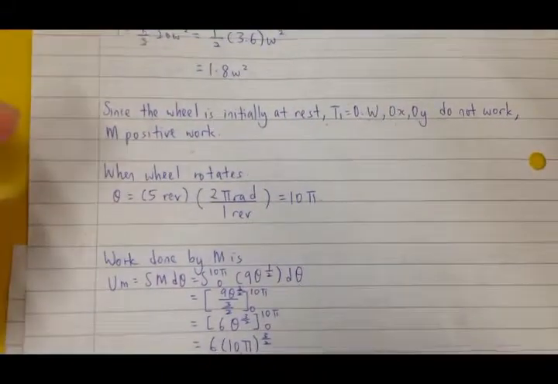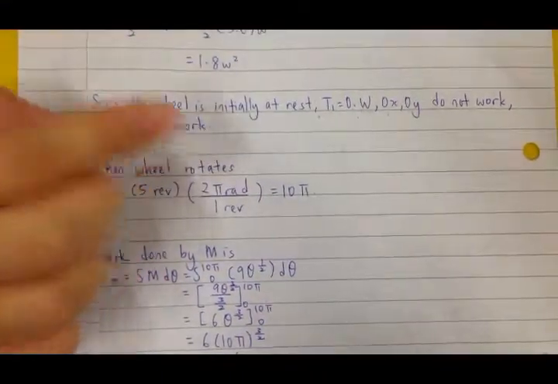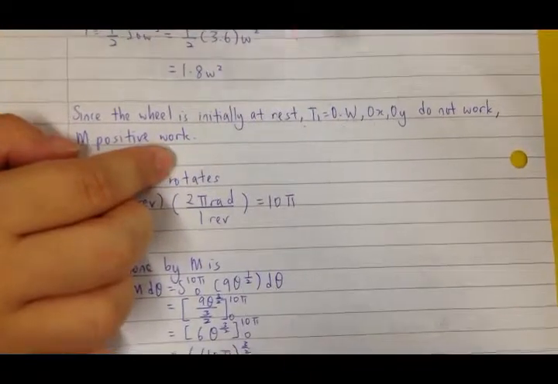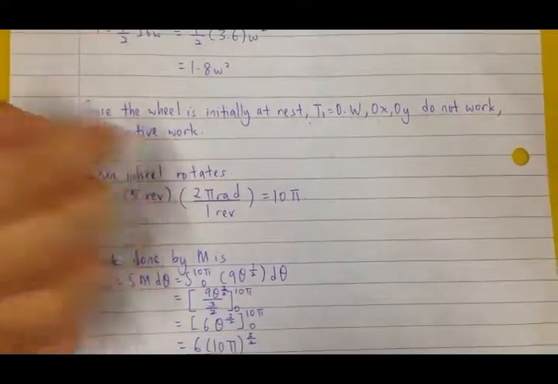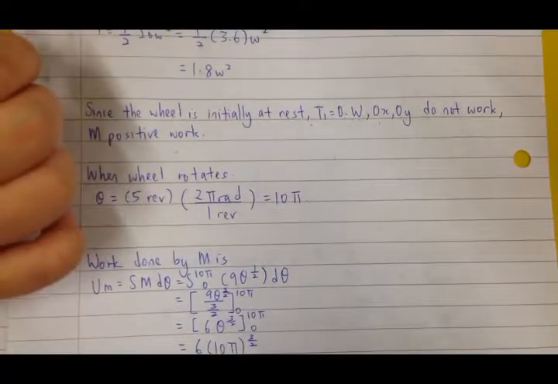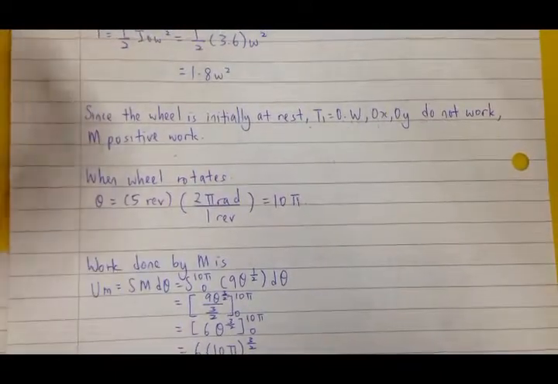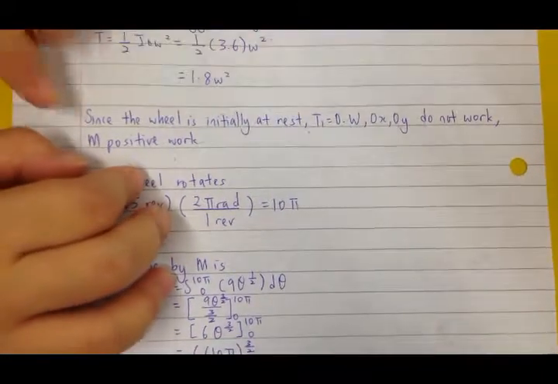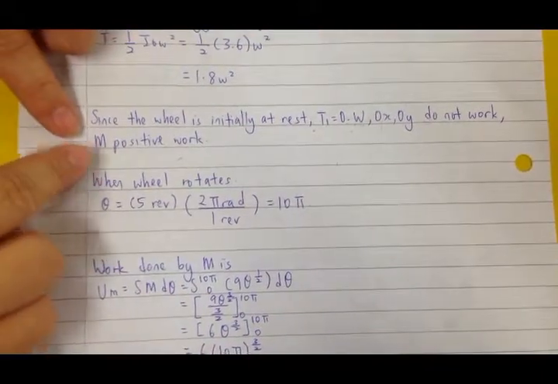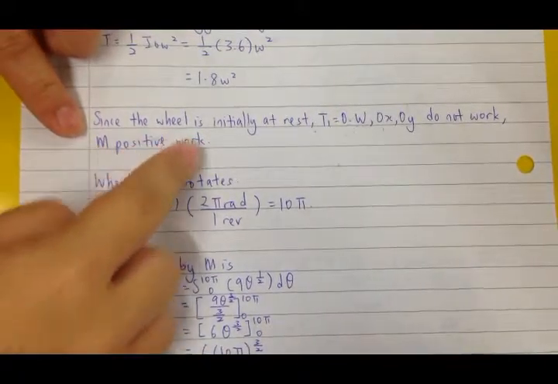And then, since the wheel is initially at rest, our kinetic energy will be 0, and since there is no movement, the work done will be 0, and the reactions at the origin, Ox and Oy, do no work. And then we still have M, so M does positive work.